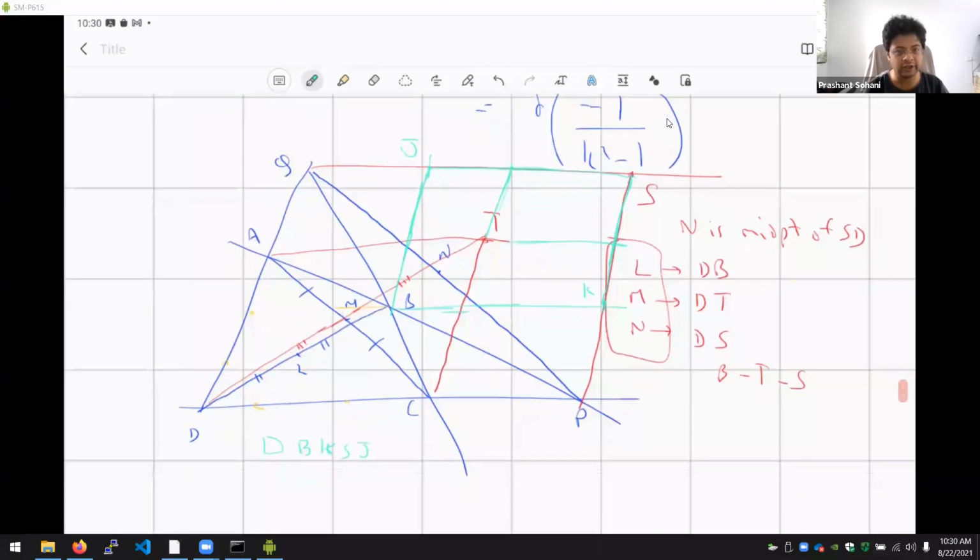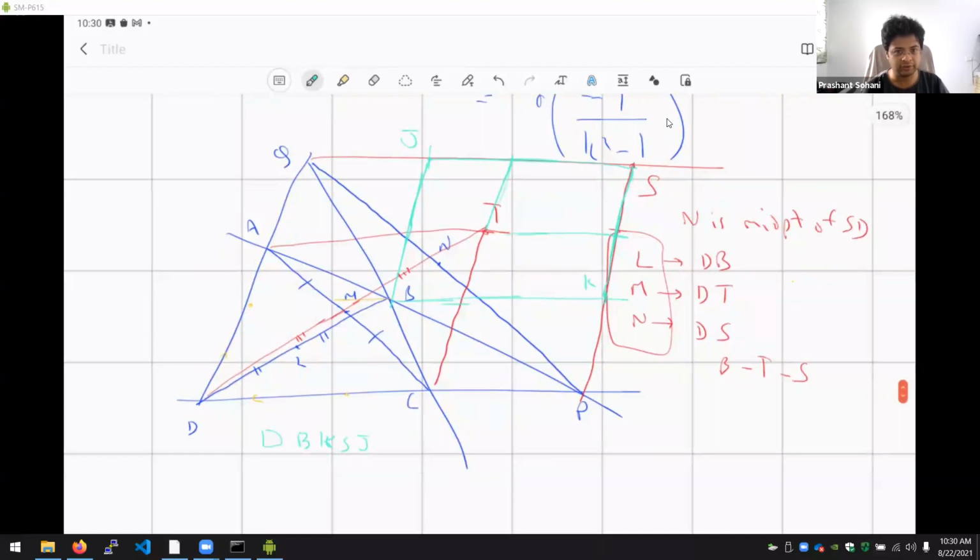I am interested to show that B, T, S are collinear, which is to say T lies on the diagonal PS. So I want to show that T lies on the diagonal PS in this parallelogram.